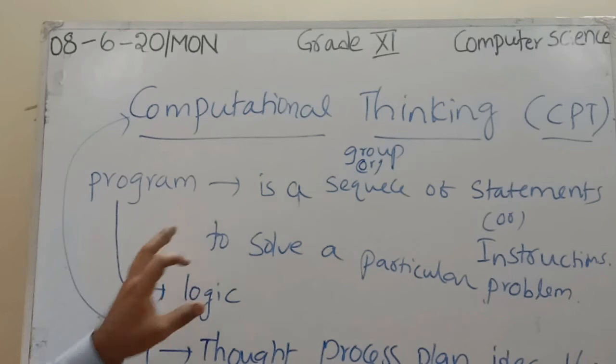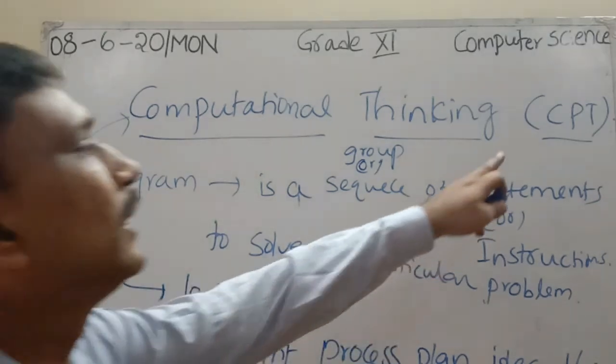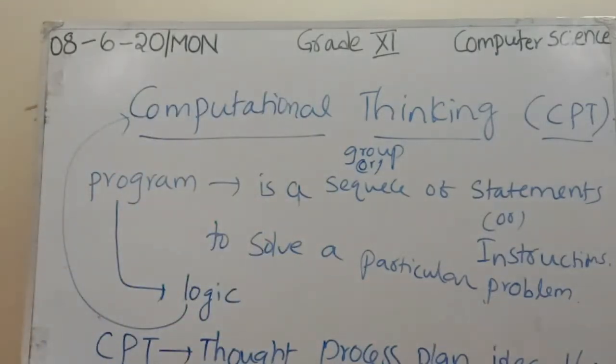That logic is called computational thinking, that is CPT. So CPT is a thought process or a plan or idea to solve a particular problem by using a programming language. This is the definition of CPT, that is computational thinking.